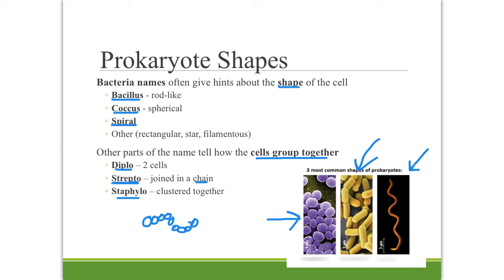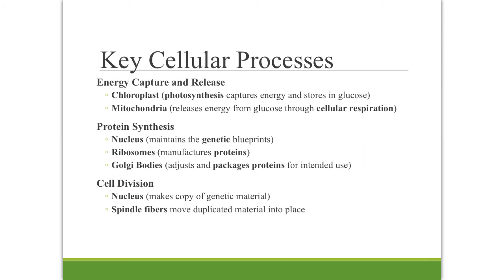Staphylococcus causes a staph infection, and again, you would have things clustered together, so a lot of bacteria right on top of each other as a distinctive way that bacteria organize themselves. So that's just a little bit of help in interpreting bacteria names in case you ever wondered how those names were put together.